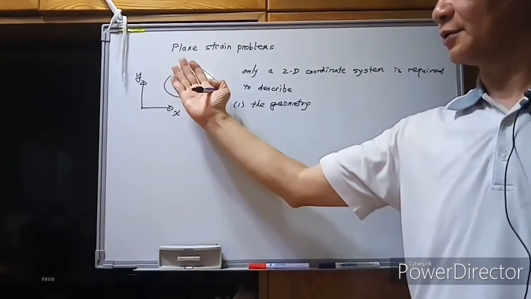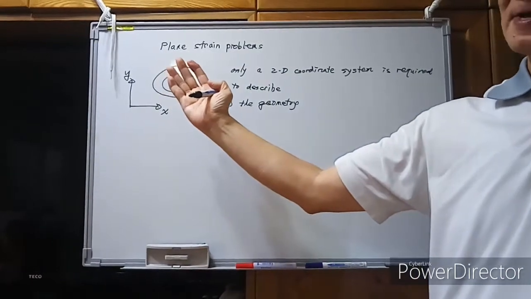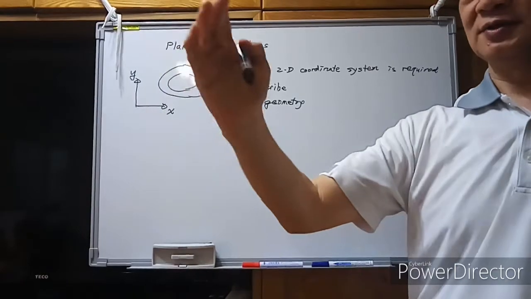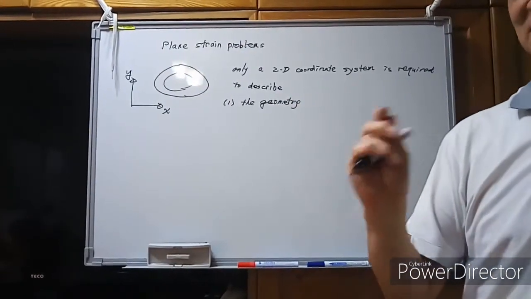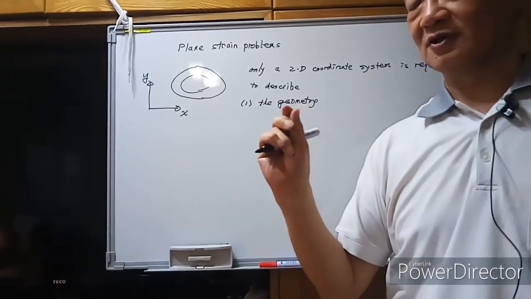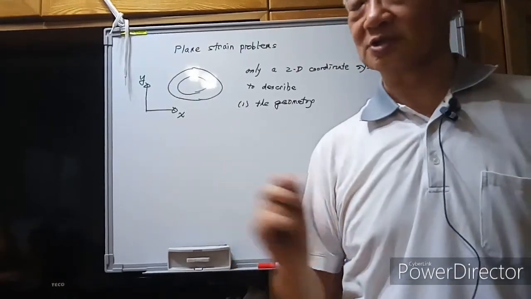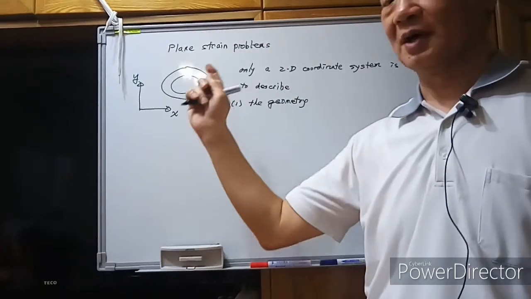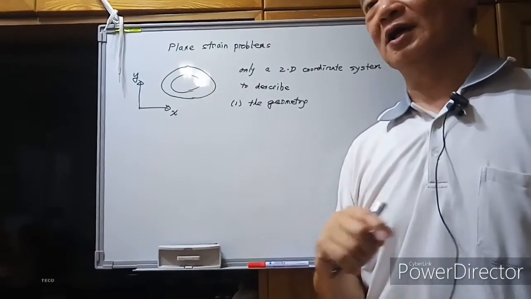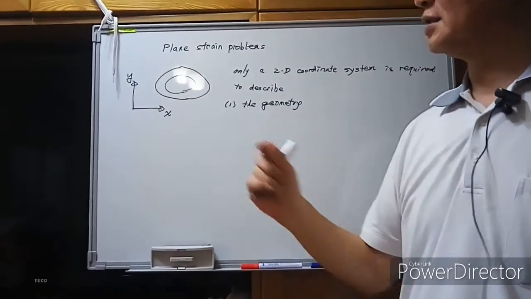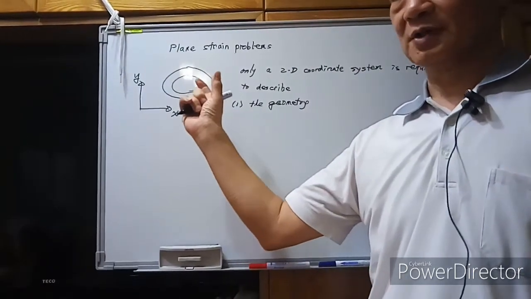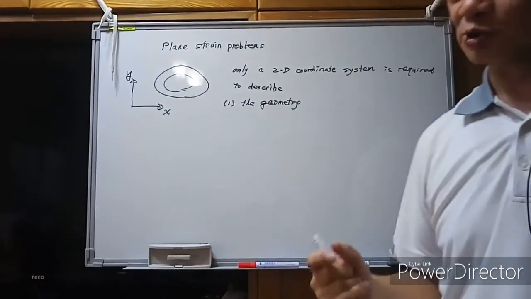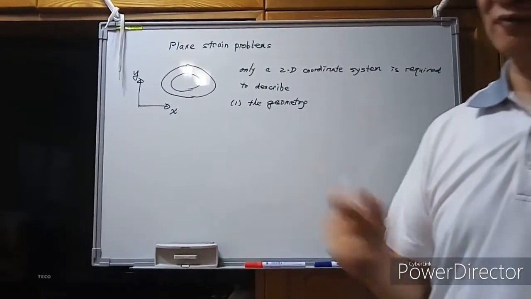But remember, you have close to infinity the dimensions along the z direction. It is not a very small thickness like a plane stress problem. Whenever you use the plane strain model to consider the problem, the dimension perpendicular to the cross section is assumed to be close to infinity.